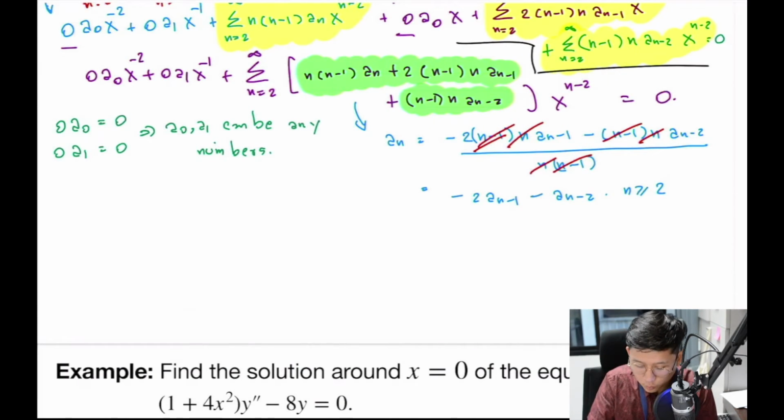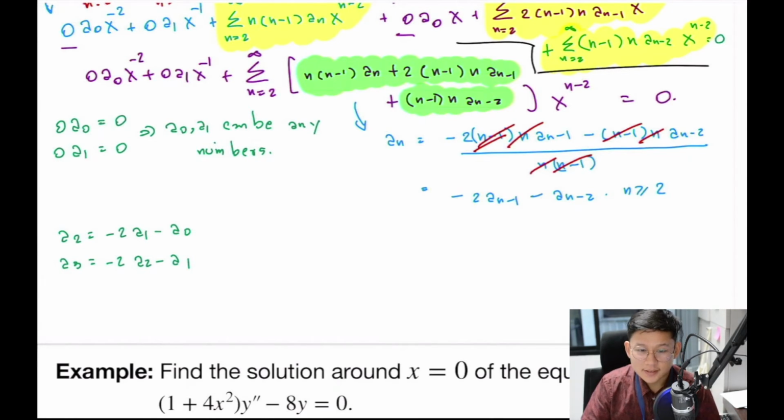So I begin with a2, and a2 would be minus 2a1 minus a0. And a3, what is that? It's going to be minus 2a2 minus a1. Okay, but what is minus 2a2?